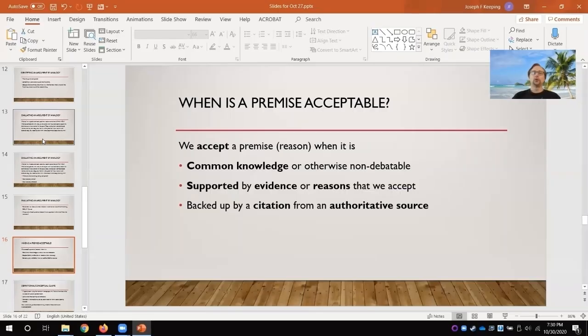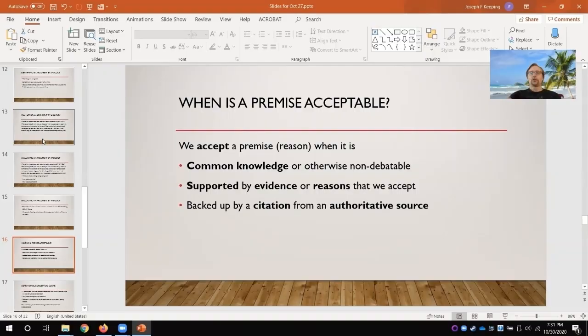For example, murder is wrong. Is it a fact that murder is wrong? Is that the sort of thing that could even be a fact? It's certainly not something that you could show to be true through observation. Nevertheless, it is a claim that we would accept because just about everybody agrees that murder is wrong.